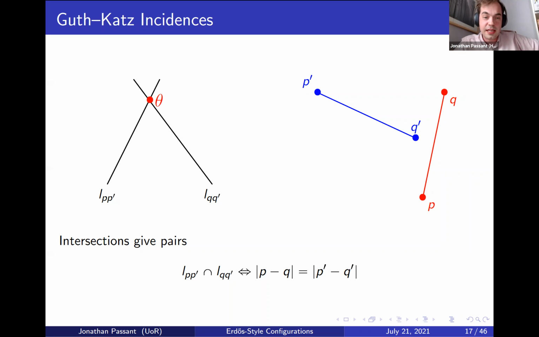This was the key observation, first of Elekes and Sharir, and then it was simplified by Katz to allow it to be lines. This gives one of the 2 main breakthroughs of the Guth-Katz proof. Okay, so we should think of intersections now as meaning distances being the same. This will come up later when we talk about this distance complex.